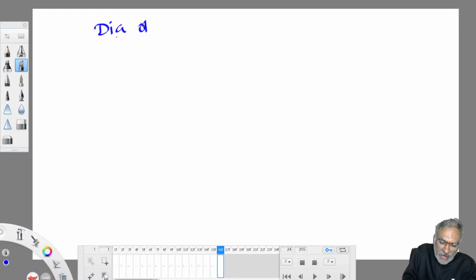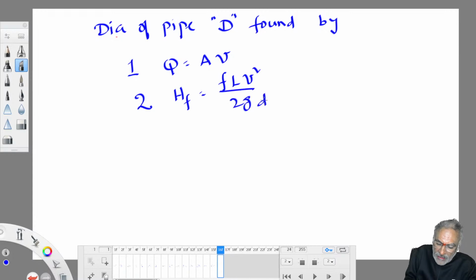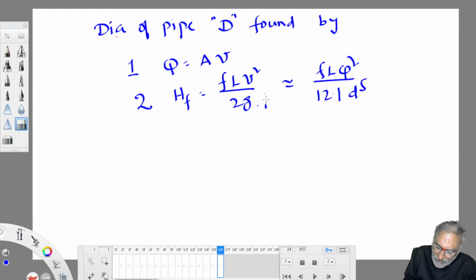So diameter of pipe D is found by: 1, using Q equal to area into velocity; 2, using Darcy's equation, hf = fLV²/2gD, or otherwise this is almost the same as fLQ²/12.1 D⁵.